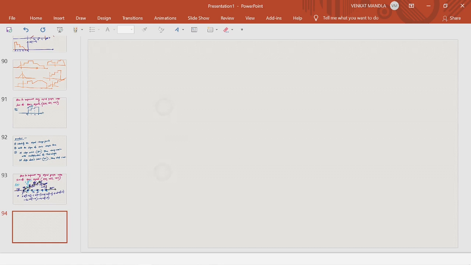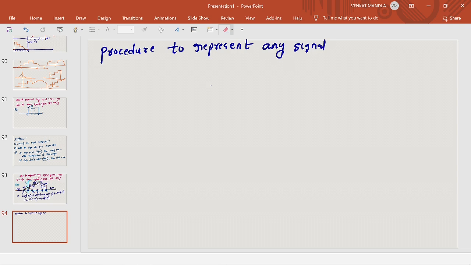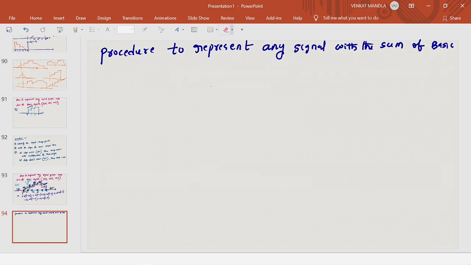So procedure to represent any signal with the sum of basic signals such as del of t, u of t, and r of t.